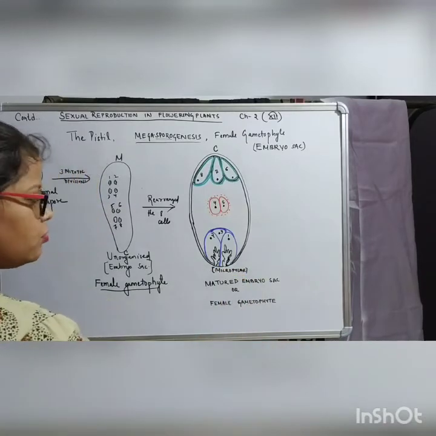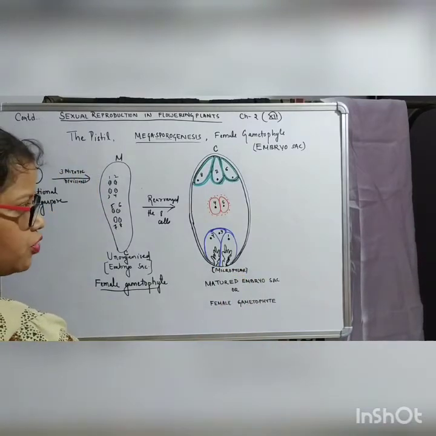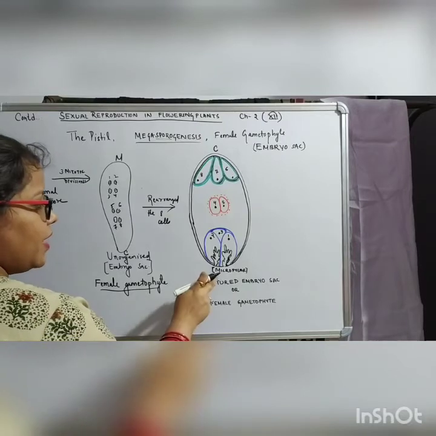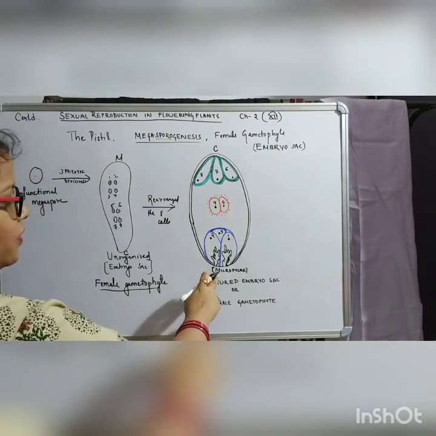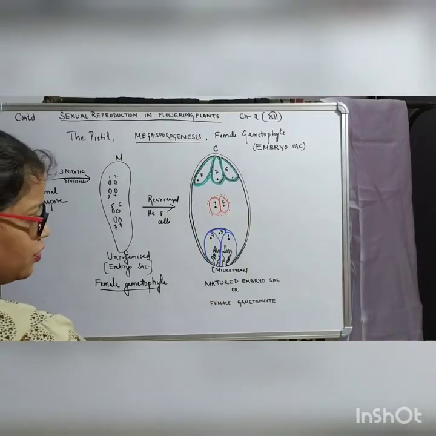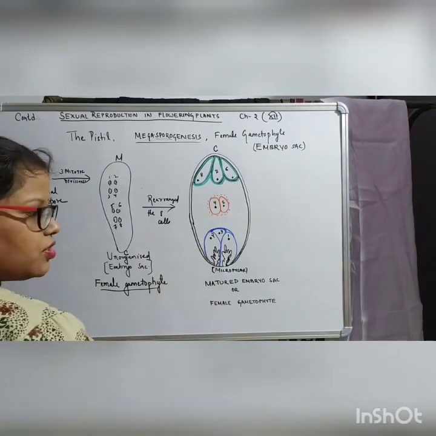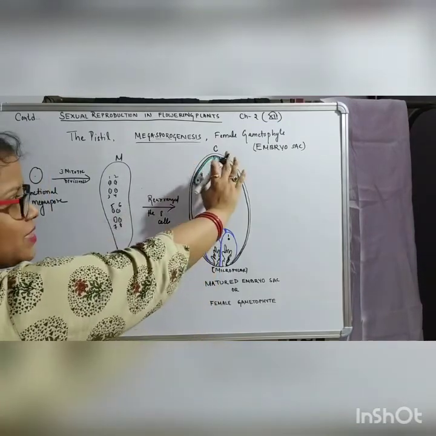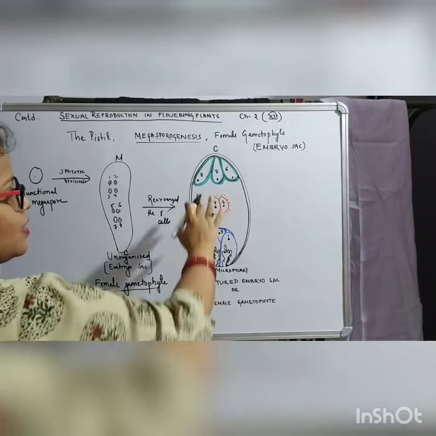It's very easy to know which one is micropylar end and which one is chalazal end. Micropylar end will be having these zigzag-like structures. Chalazal end would be simple like this with 3 cells.